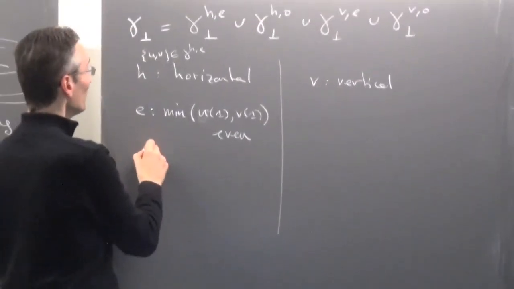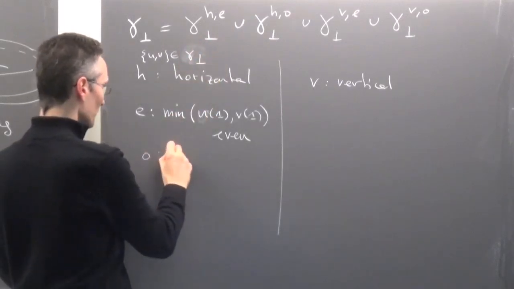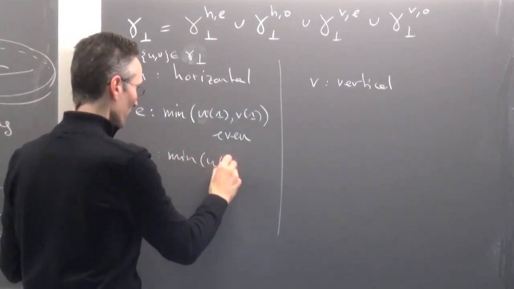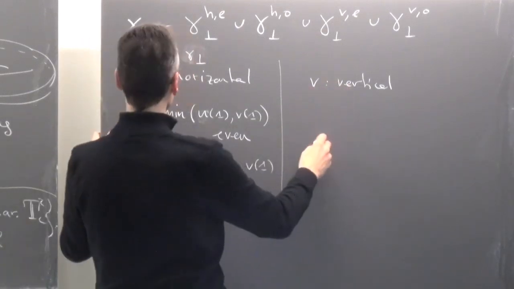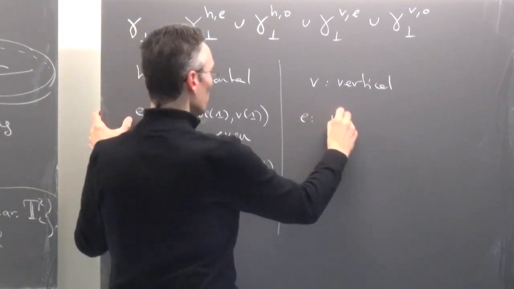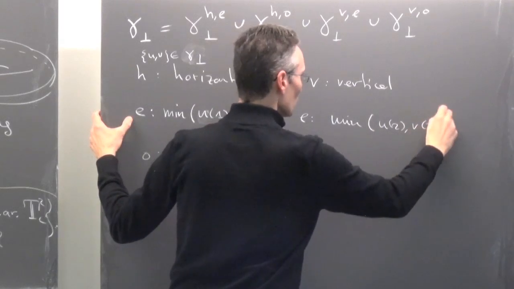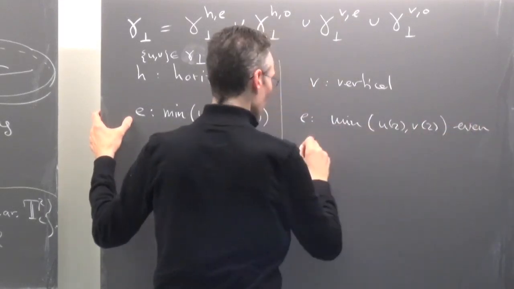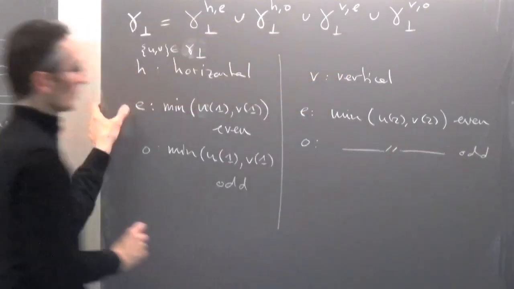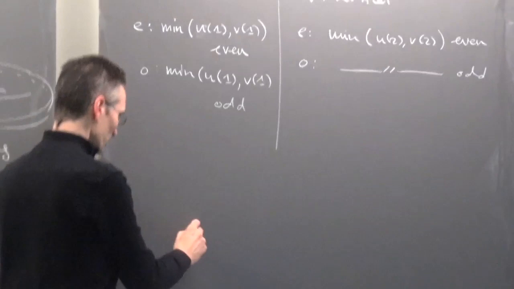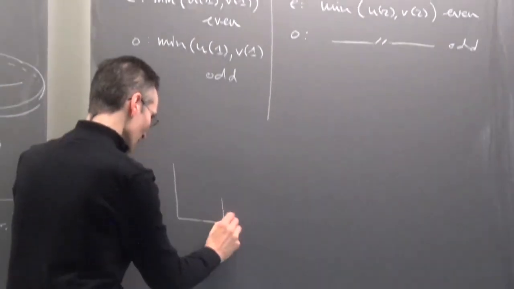And O, if the minimum of U1, V1 is odd. And then on this side you do the same. So E will be when the minimum of U2, V2, for vertical edges, is even, and O is when the minimum is odd. Okay. So I'm just splitting. So if you want a picture, let's try to make a small contour, which is 1, 2, 3.